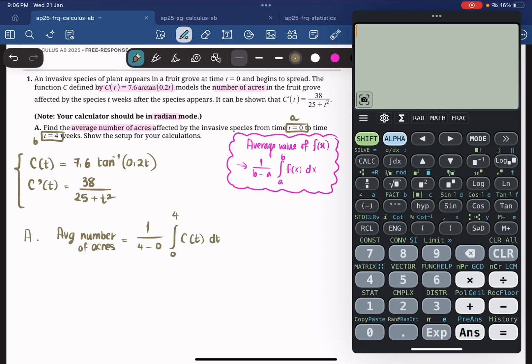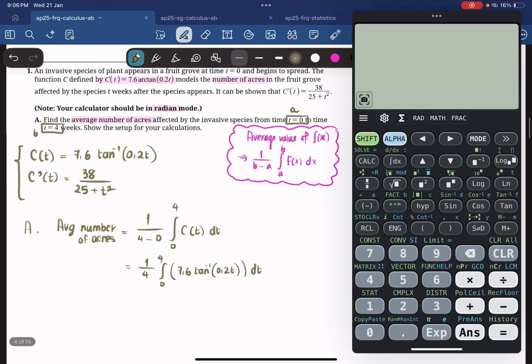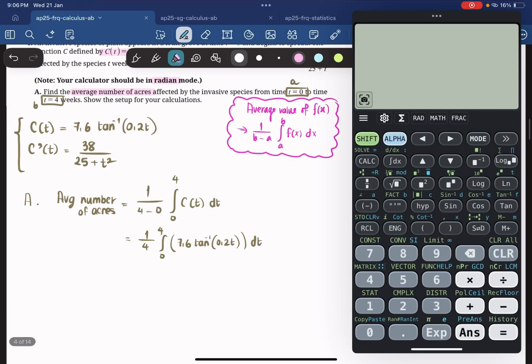This is a graphing calculator question, so calculators are allowed. All you have to do is type in 1 over 4 integral from 0 to 4 of 7.6 tan inverse of 0.2t dt. Let's type that in on our calculator.